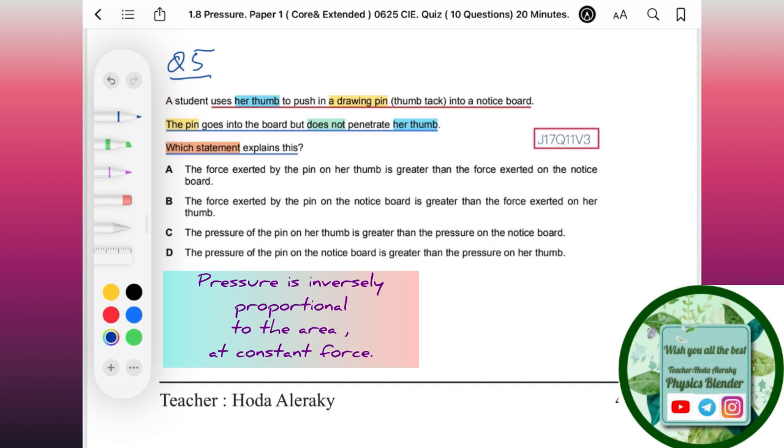If you look at the drawing pin, it has a large surface here, and it has a sharp end. She exerts pressure and force here, and this part is close to the notice board.